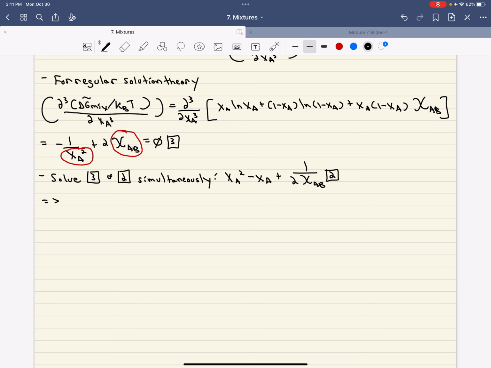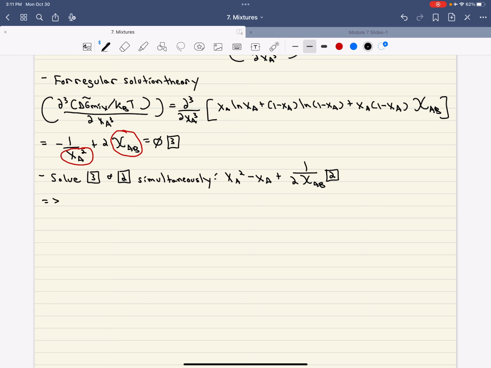Now if we take a look at the full phase diagram, here's the critical point value. If we draw this line all the way down, we find that for the regular solution theory, that composition is exactly 0.5. The chi AB part is going to be useful because that is how we're going to get the critical temperature, Tc.